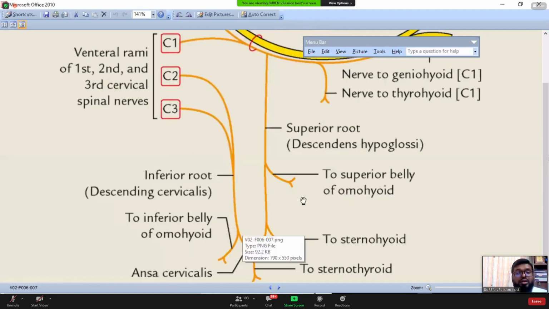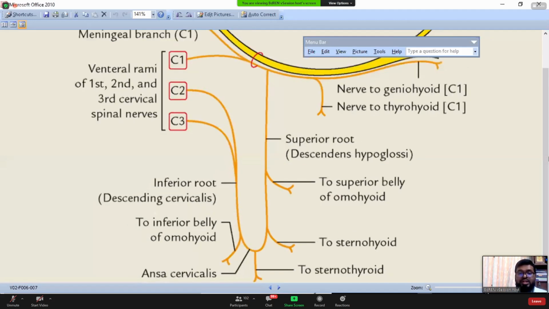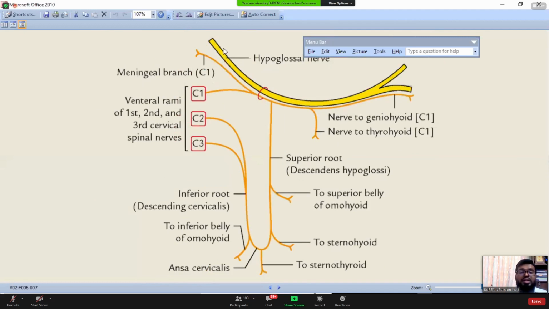The last one, okay. As the name ansa cervicalis has come, we have a chance to discuss it. What is ansa cervicalis? You see, this is the hypoglossal nerve, and the ansa cervicalis is a nerve formed by the ventral rami of the first, second, and third cervical spinal nerves.